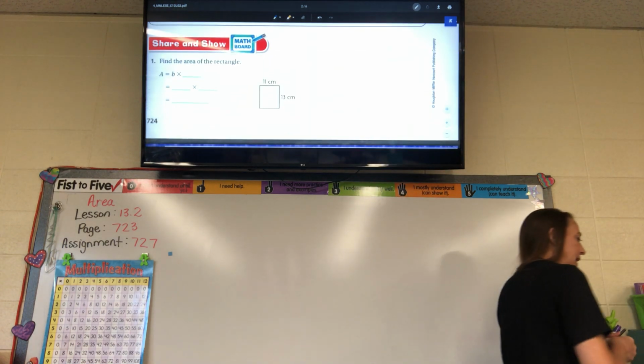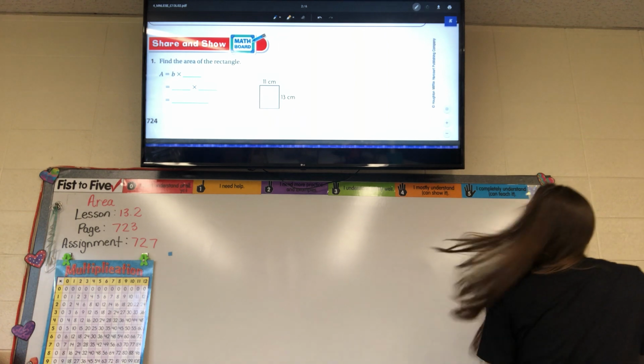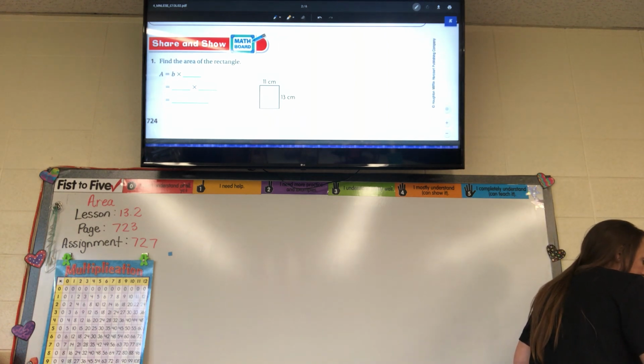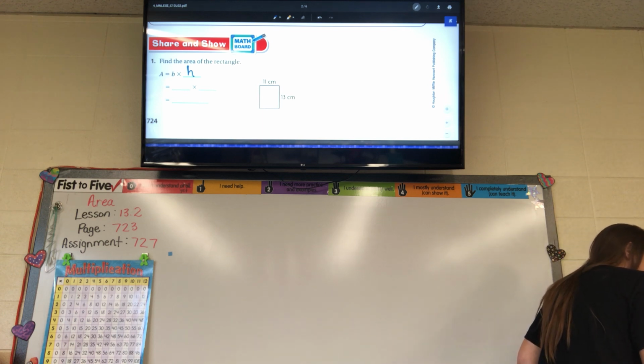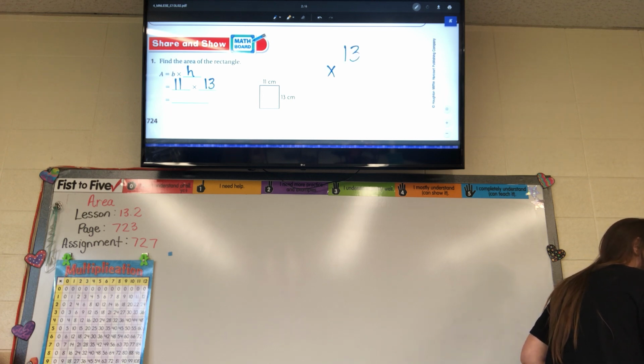Here we go. Find the area of the rectangle. We know area equals base times height, or B times H. In this case, we have a base of 11 and a height of 13. So over here, let's do 13 times 11. 1 times 3 is 3. 1 times 1 is 1. 0 placeholder, move over here and go 1 times 3 is 3. 1 times 1 is 1.